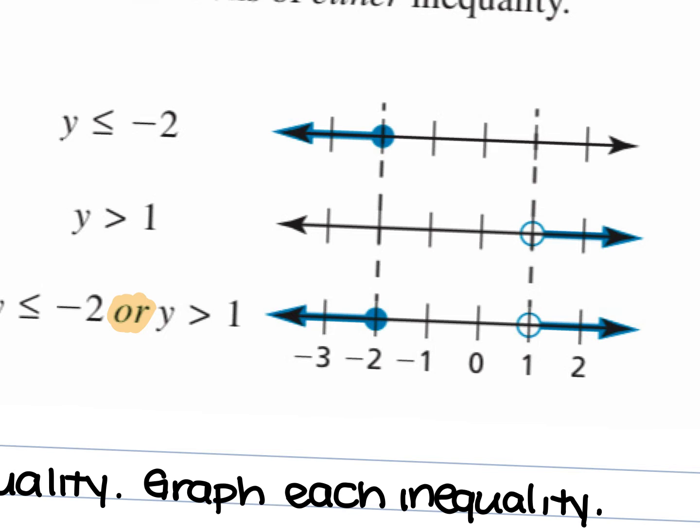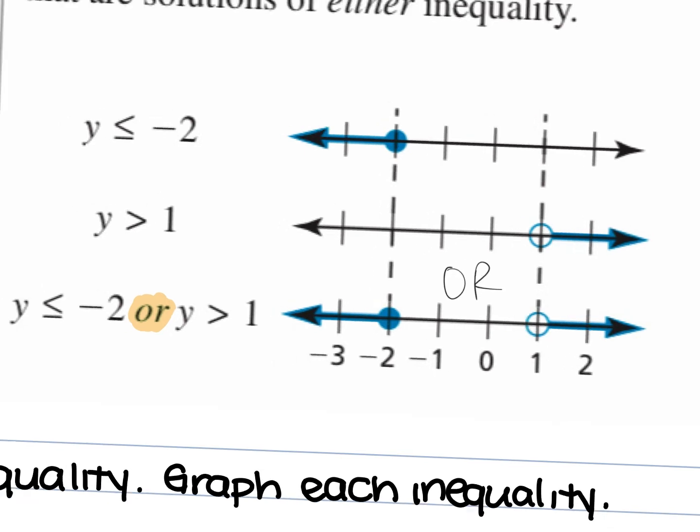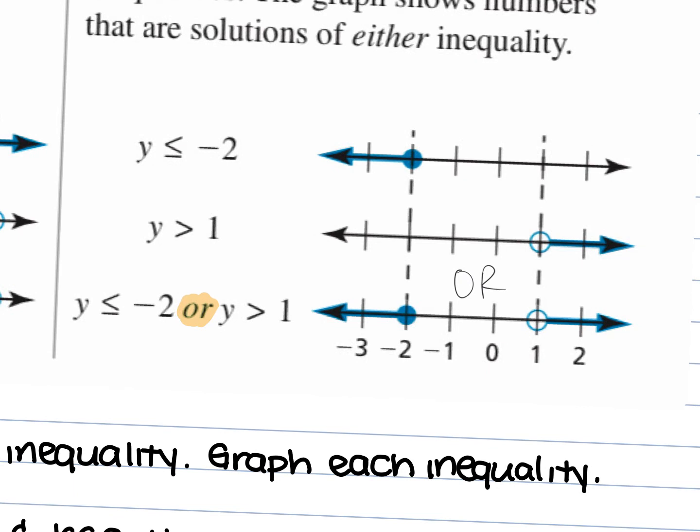No, that is the only part that is not part of your solution. Do you guys see the difference between them? Label this one an or. And note, they cannot write an or inequality without what? Or. Without or, okay? Because if you were to write this, it would have negative 2 over here, greater than or equal to y, less than 1.